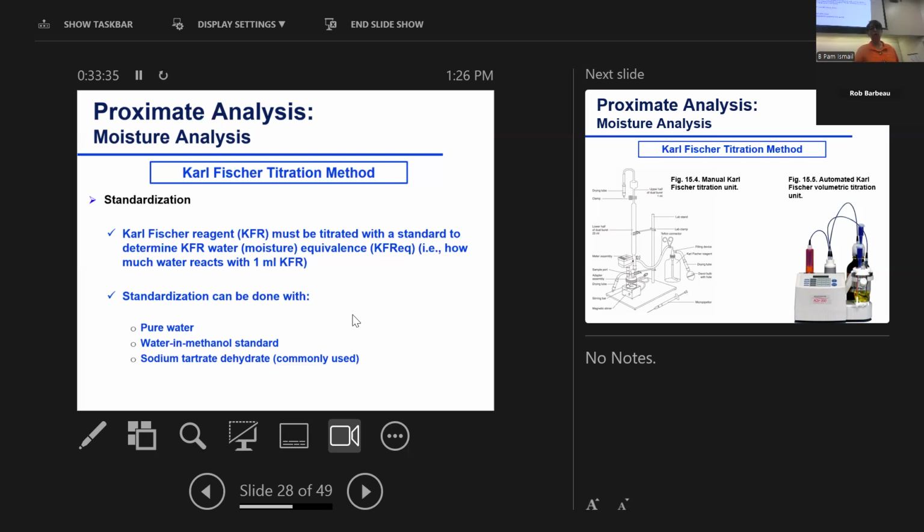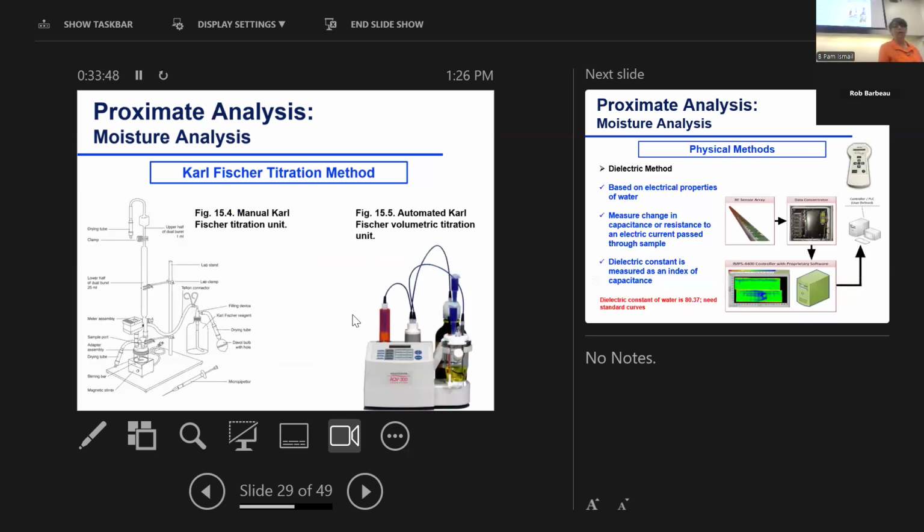You can standardize with pure water or a water in methanol standard. What did you use in the lab? Methanol? Yeah, okay. And there are old units where it's manual, but most of the units nowadays are automated. The one they used in the lab is automated titration.